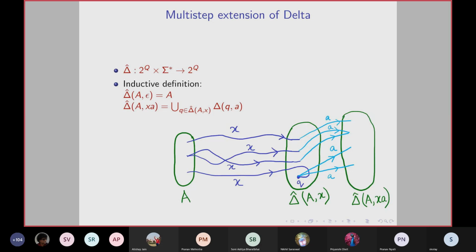Delta hat AX could have intersection with A. Now, in the final step, let's consider a particular state Q in delta hat AX, and you consider all possible ways of going out of Q with an edge labeled by A. This new set that you construct from delta hat AX using outgoing edges labeled by A is your set delta hat AXA, which could be intersecting with delta hat AX, and could be intersecting with A. So the definition does not require these sets to be disjoint or anything.